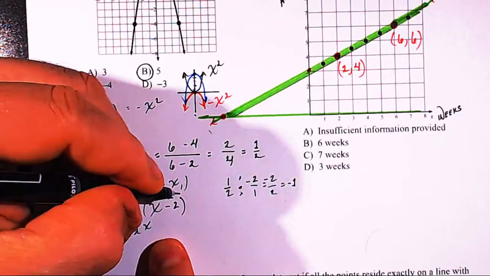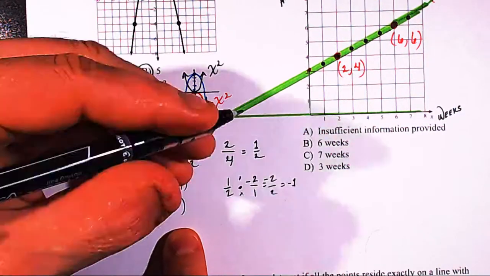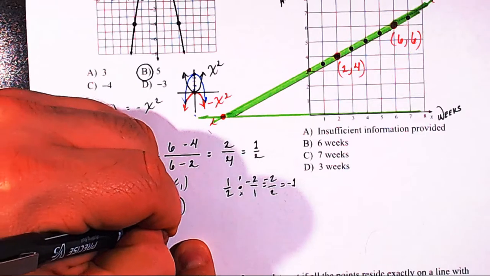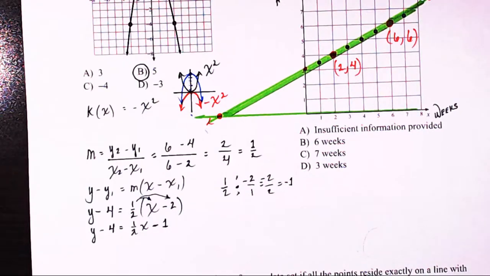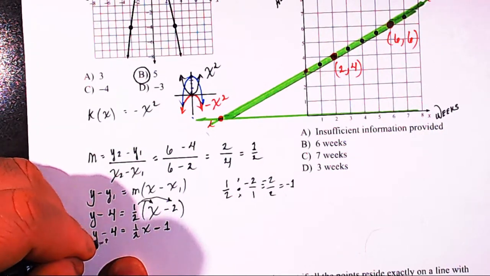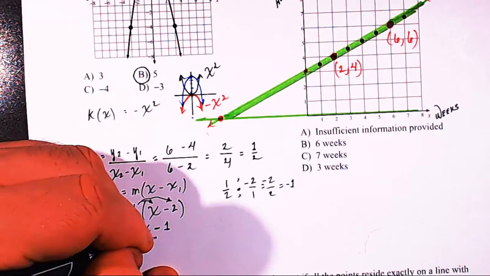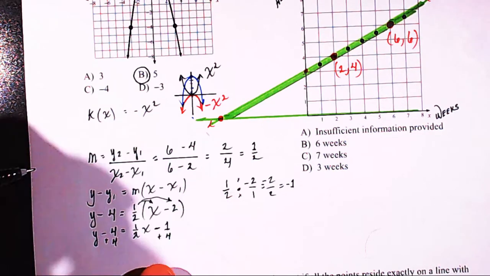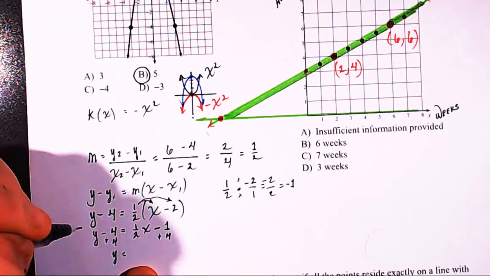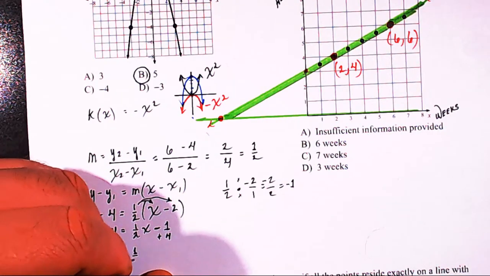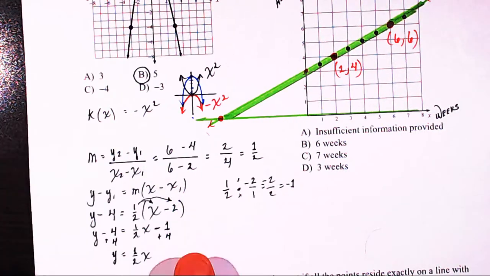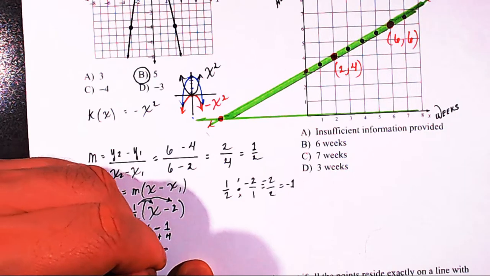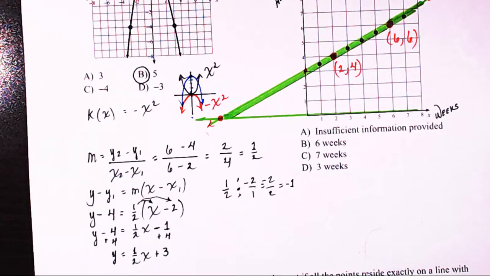All right, so this is just distributing 1/2 to -2 gives you -1. Now add the 4 on the left to the right, and you have y equals 1/2 x plus 3, because -1 plus 4 is 3. So that's your equation. You need that.